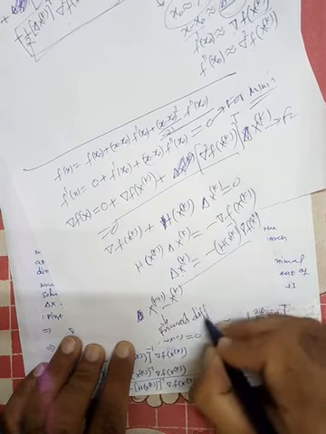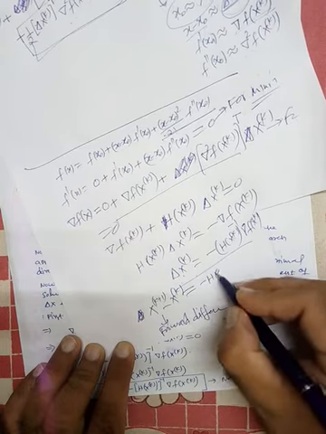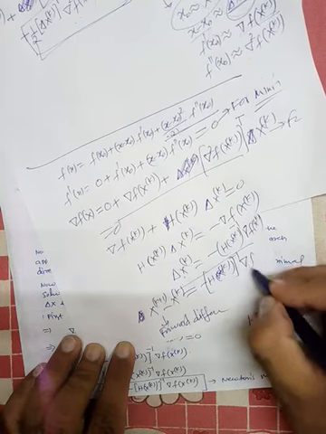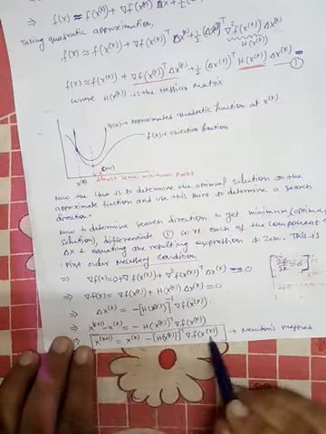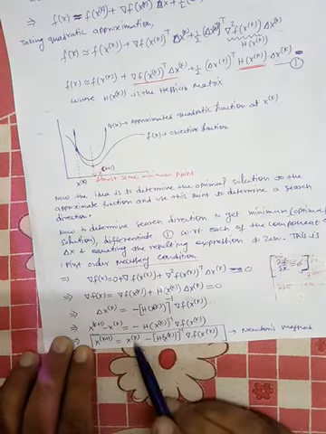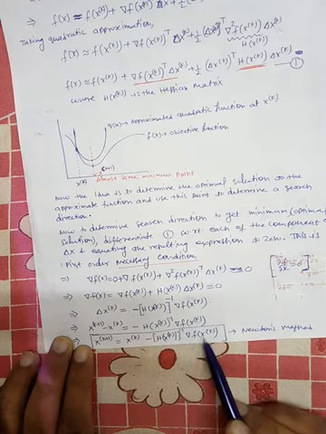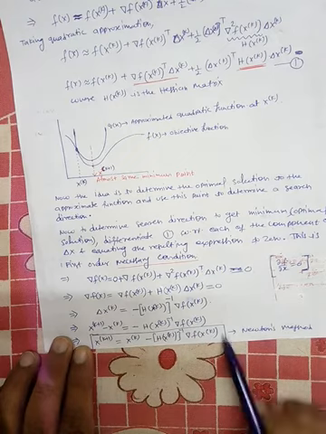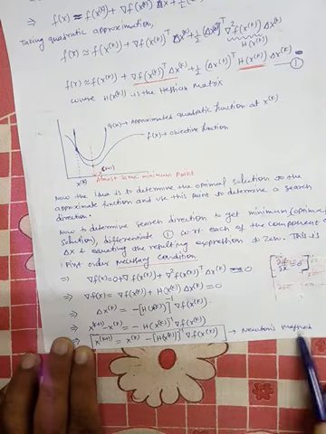So this is equal to minus h xk inverse delta f at xk. Now take this to the right hand side, and this will be the formula: xk plus 1 is xk minus h at xk inverse delta f at xk. This is basically the Newton's formula, the Newton's method. I hope you understand this method.